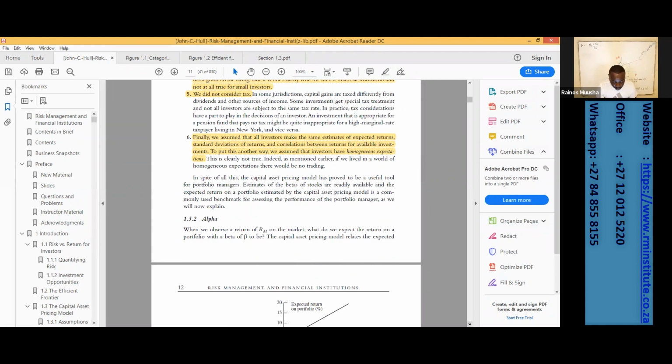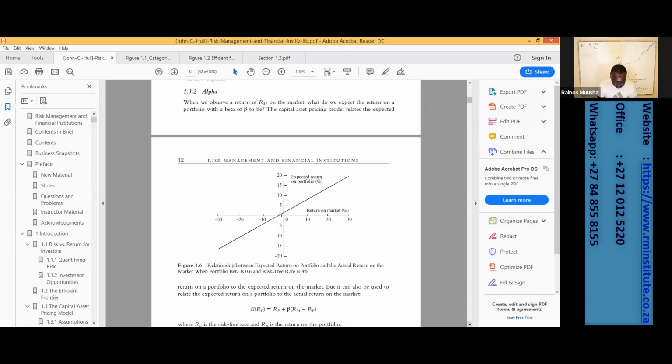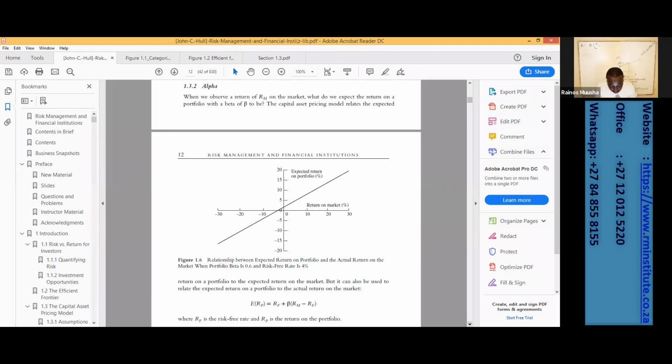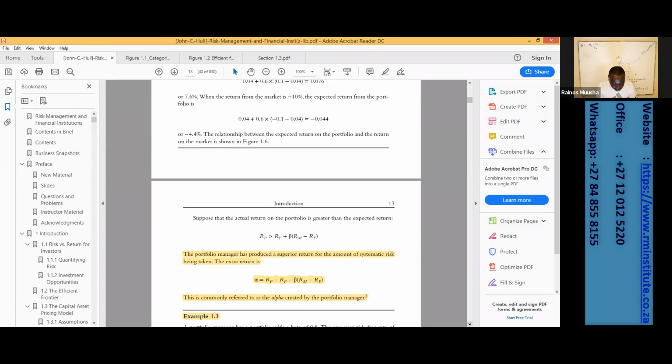Any questions before we look at the calculation of the alpha? Your alpha is basically your excess return. What do we know?